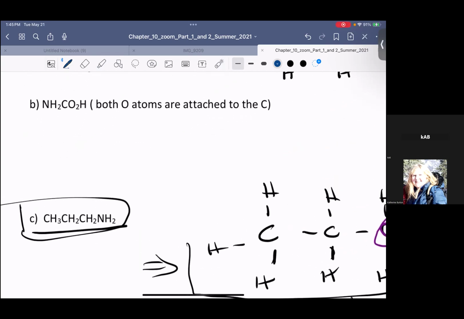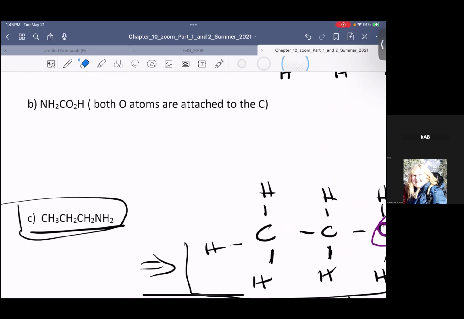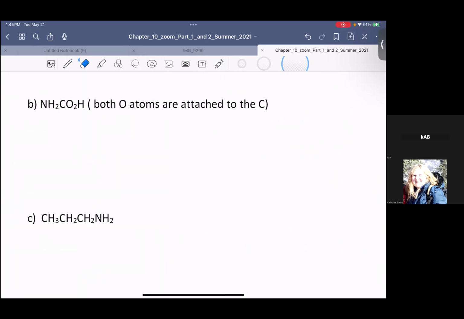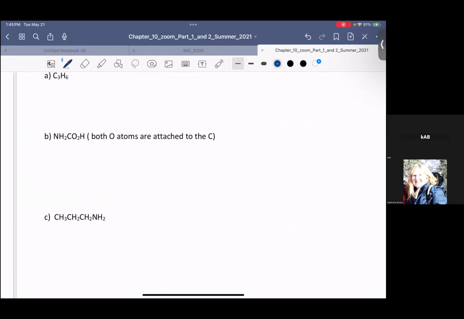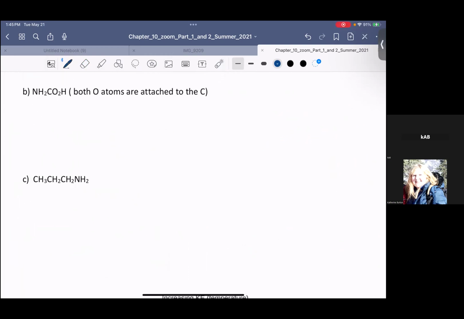If we do this last one here, NH2 CO2H, we again start to overthink it, and then we stop and we remember our rules. We know that nitrogen wants to have 3 bonds and a lone pair. We know that here both oxygens are attached to the carbon.